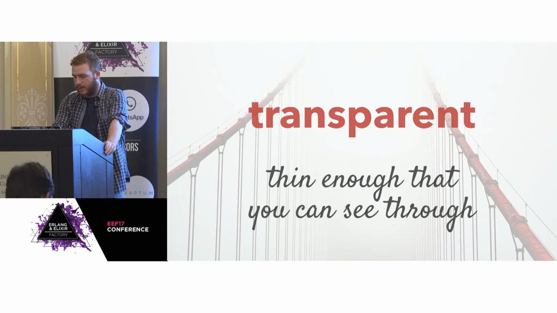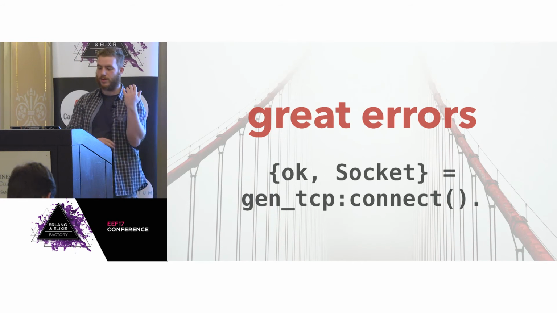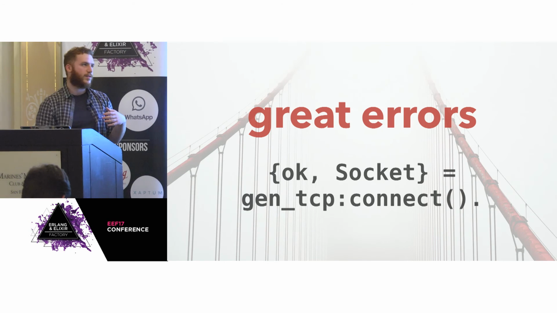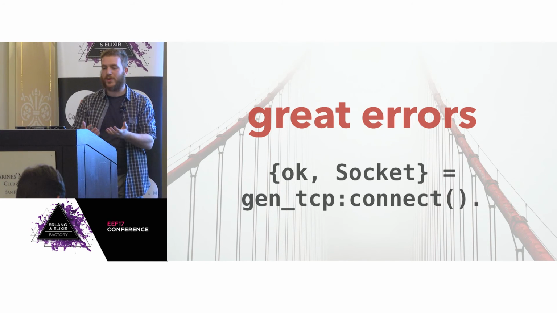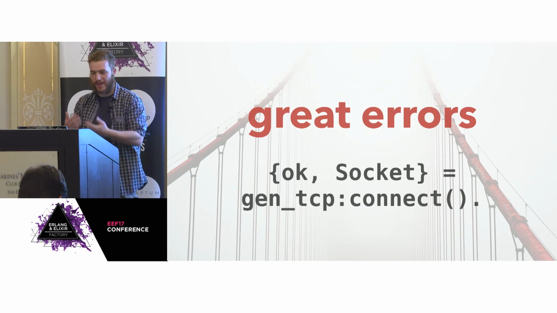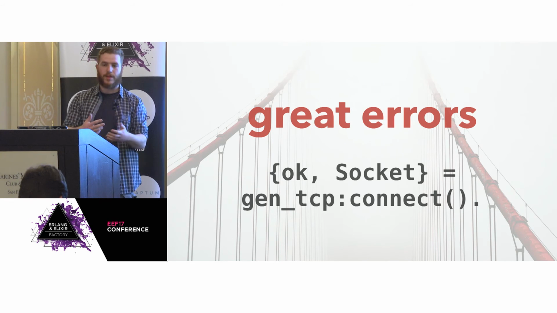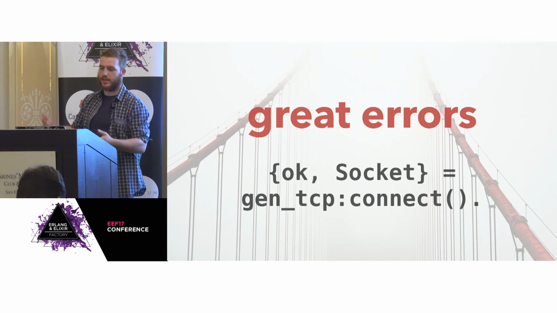And the last thing, to be easy to use, I think a library has to have super great errors. So never do something like this, never ignore the expected failing case, right? If there's something that can fail in a library, usually try to address it.